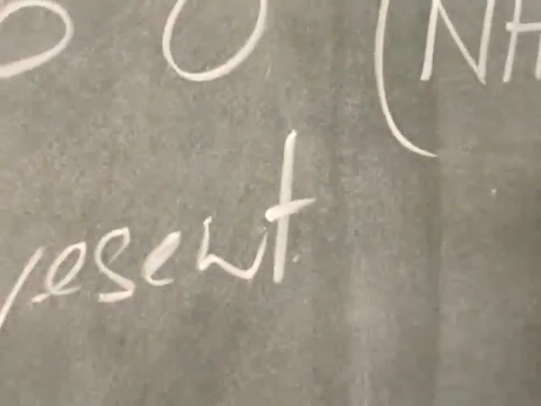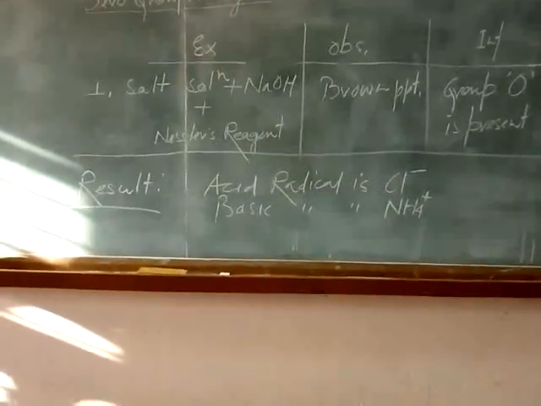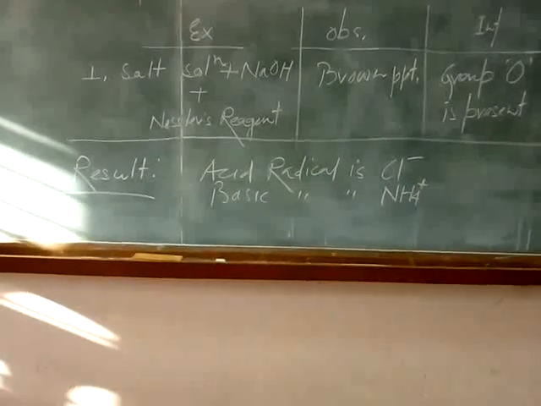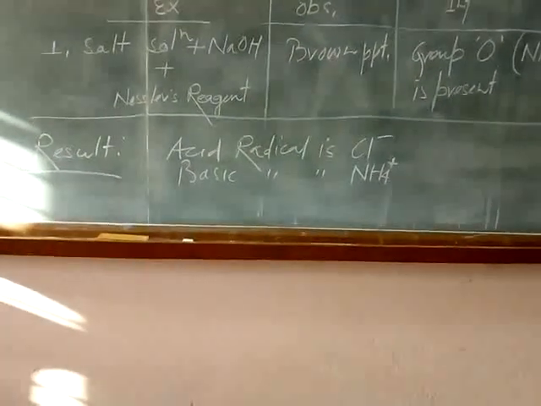Within bracket you can write ammonium. In group 0 ammonium ion is present. You write the result: by the systematic analysis we got the acid radical chloride and the basic radical is ammonium. Hence the given unknown salt is ammonium chloride.